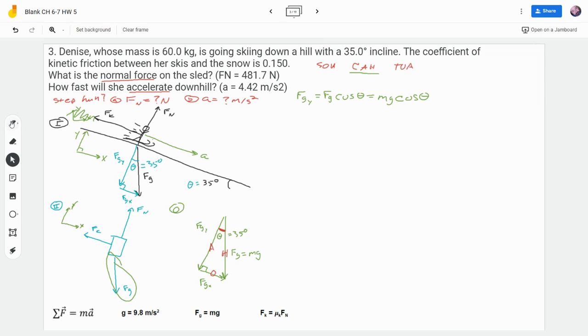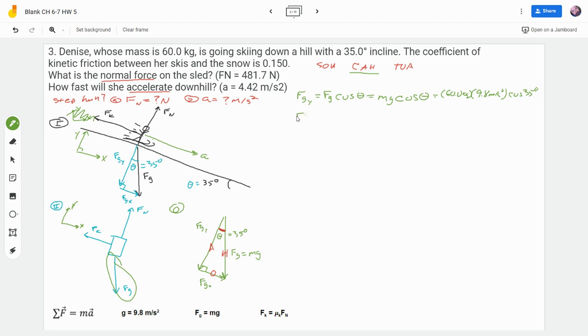F sub gy is going to be equal to mass, which is 60 kilograms, times g, 9.8 meters per second squared, times cosine of 35 degrees.